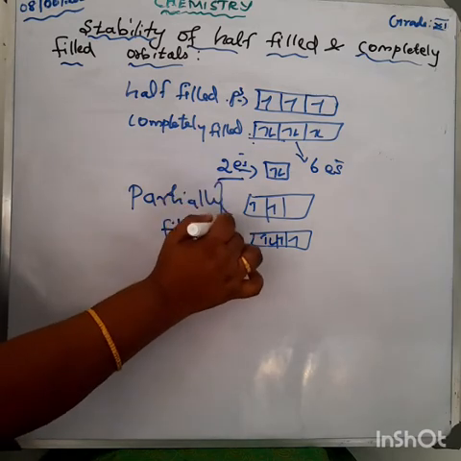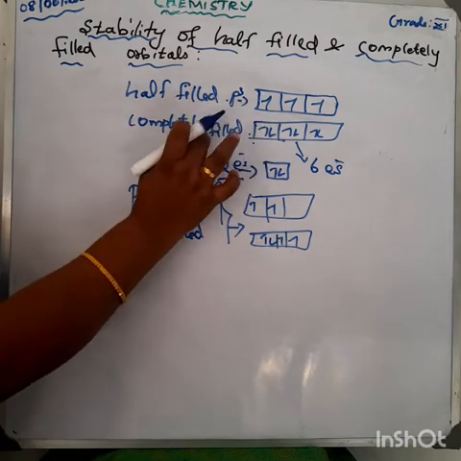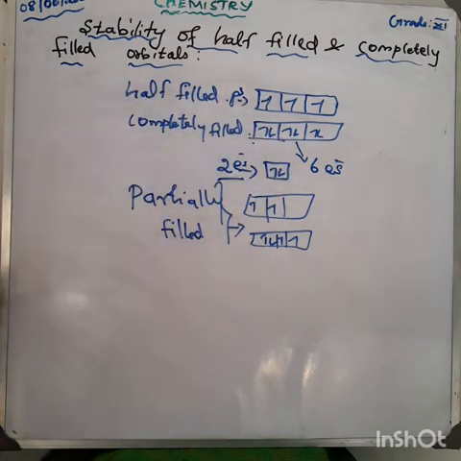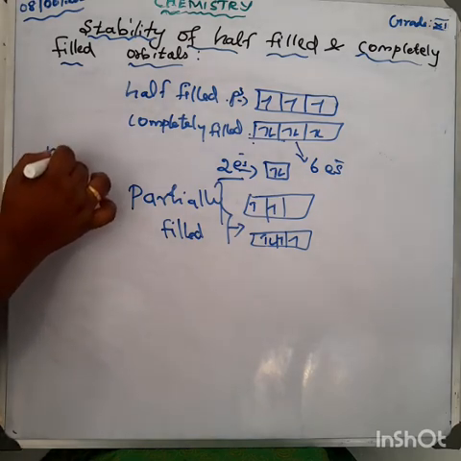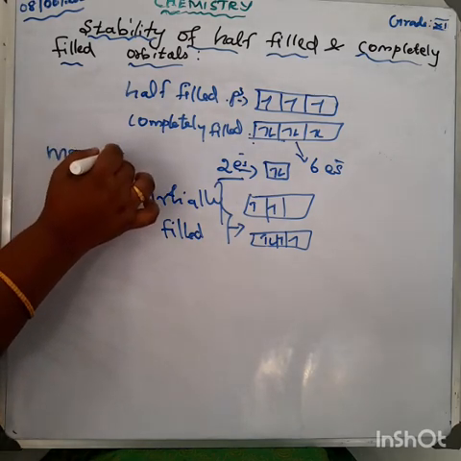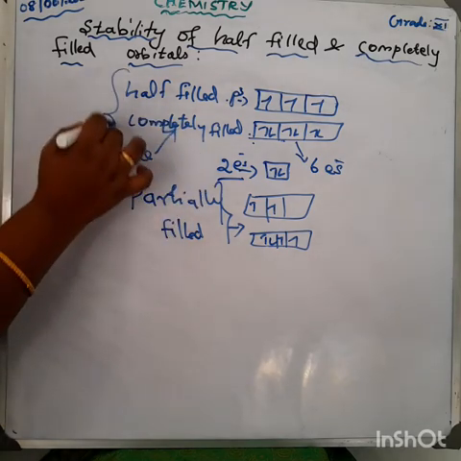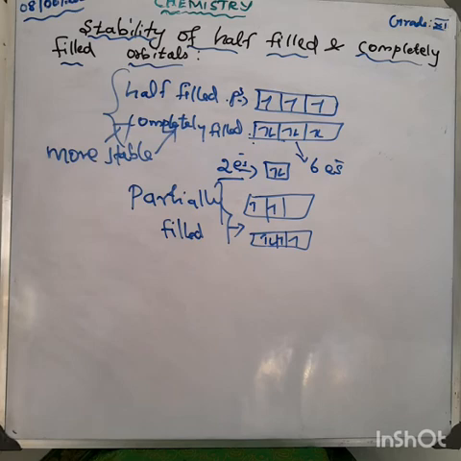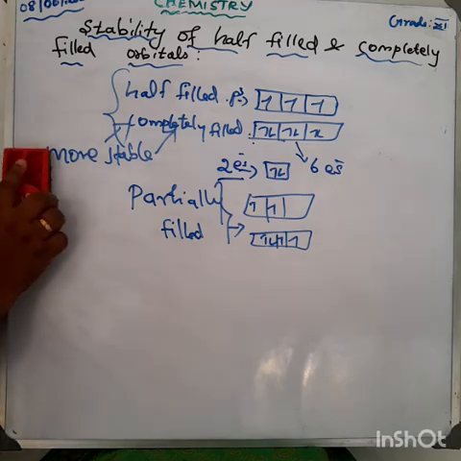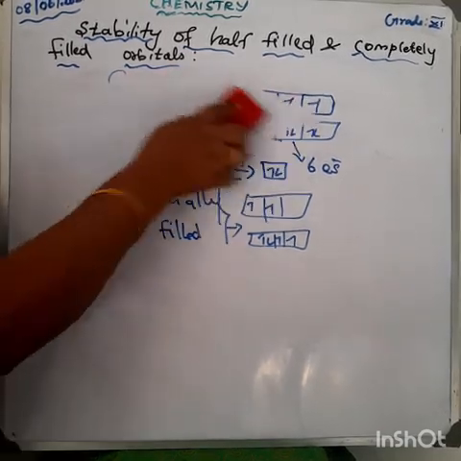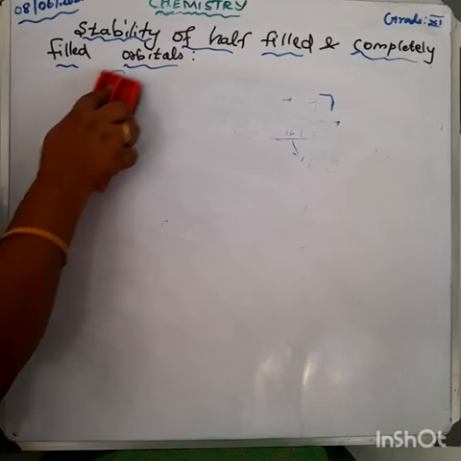The half-filled or completely filled orbitals are more stable than partially filled orbitals. Why are they more stable? What is the reason?